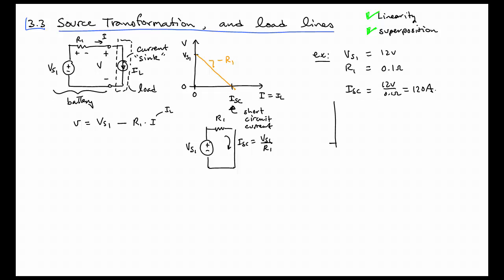And we would have this voltage versus current plot that would look like this. It would have a y-intercept of 12 volts and an x-intercept of 120 amps, and it would have a slope of minus 0.1 volts per amp.